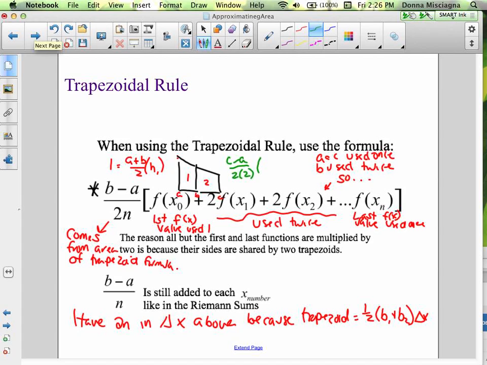That's why there's a second 2 there in the denominator, and then we would have an A, because A is used just for the left-hand Riemann sum.